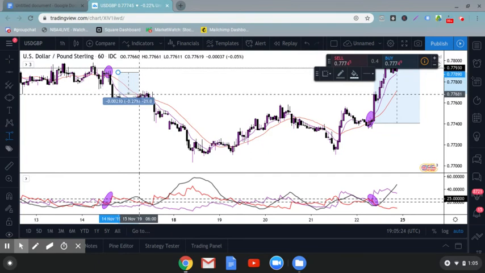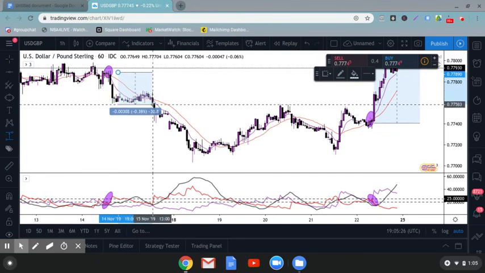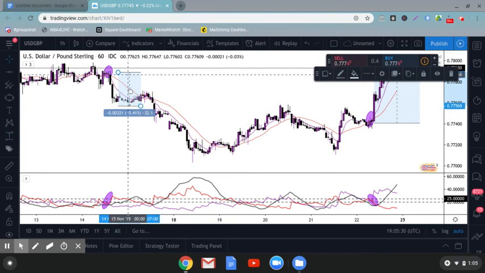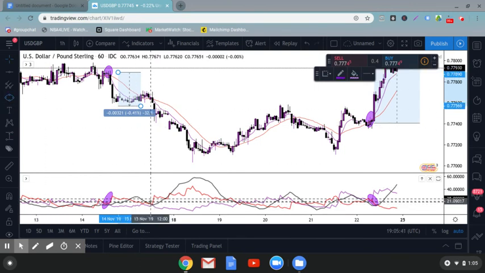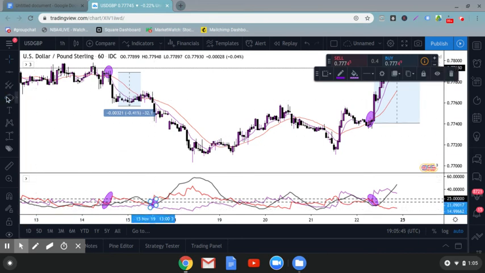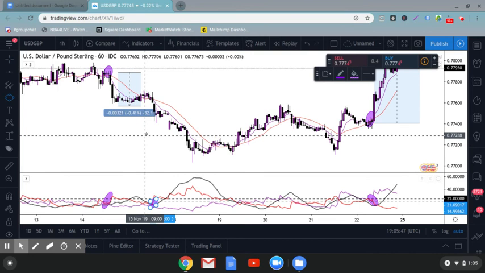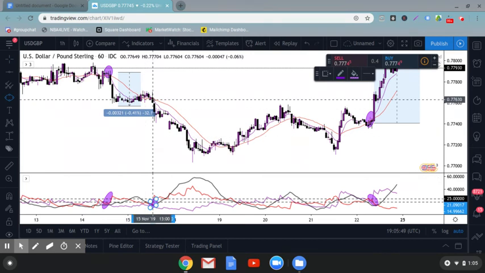So, I mean, okay, you would have got that, but you would have seen it cross again, and then the red start to gain strength again, so you would have shorted it again here. I mean, if you didn't hold the position, right? So you'd have shorted it again from here.